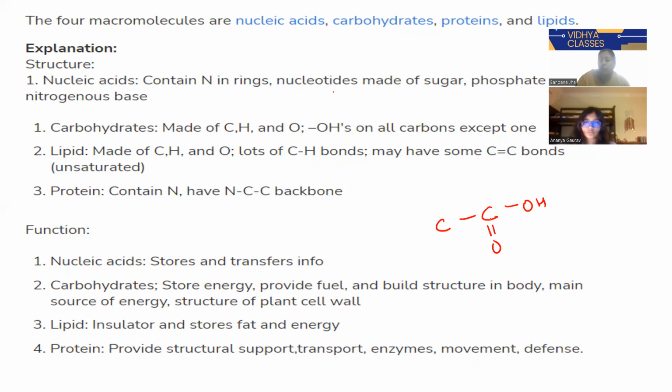So except one, suppose here is H double bond O, and then here again except one, then again here it will be OH like this.